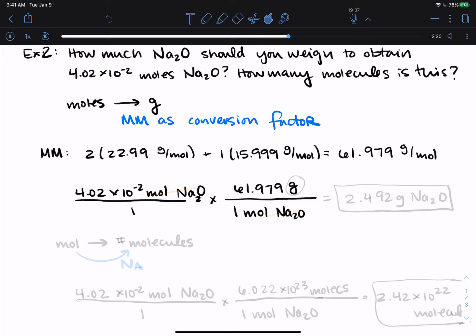And the way that it's set up, moles of sodium oxide cancels with moles of sodium oxide, and I will end up with grams of sodium oxide. So if I just multiply this through, that's 2.492 grams sodium oxide.